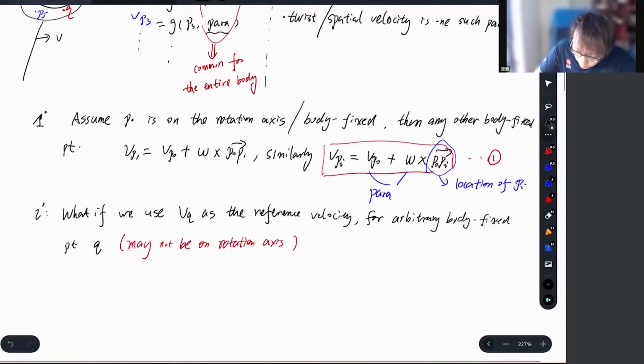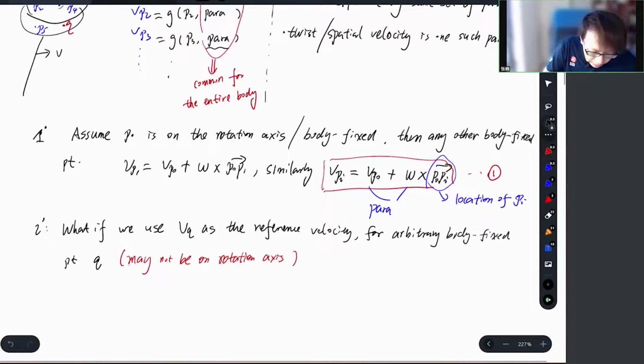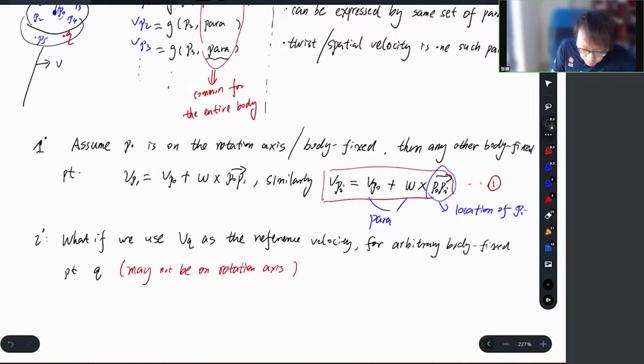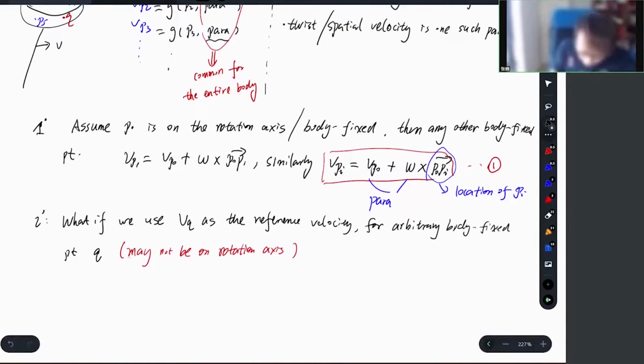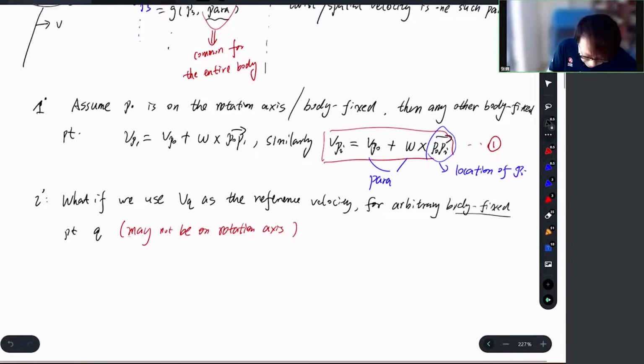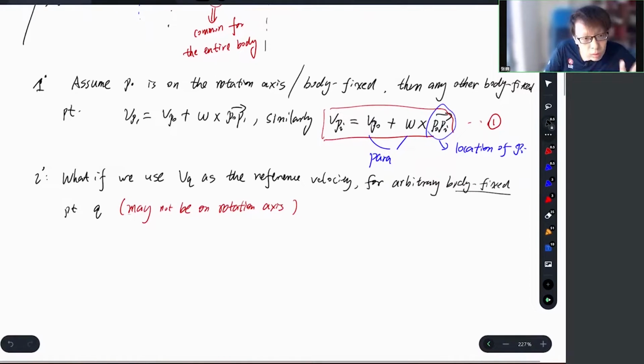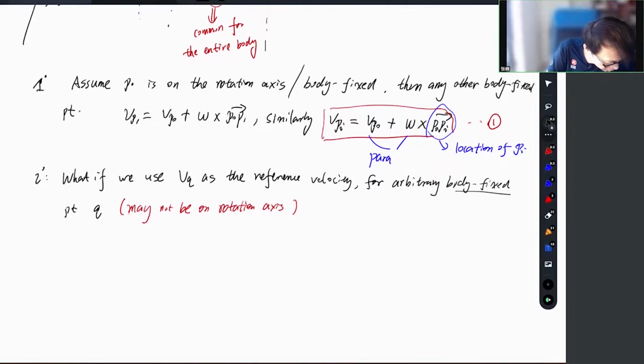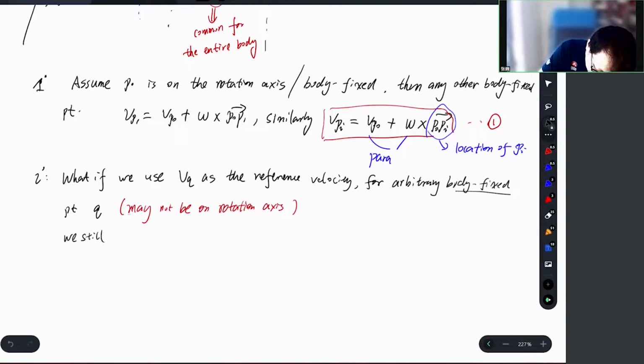Okay, so if I choose my reference point, let's say I didn't select the point P0 and I select another point on the body, but it's also body fixed, the conclusion is the following. I think we already discussed that before. The conclusion is that we still have the same expression or formula.